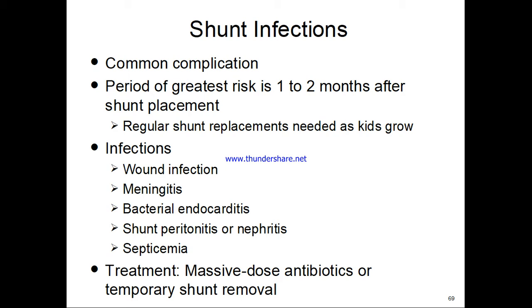Treatment for shunt infections is massive dose antibiotics and or temporary shunt removal. And there are a lot of kids that are constantly needing shunt revisions and constantly getting shunt infections. So that really is a challenge to treatment with these kids.